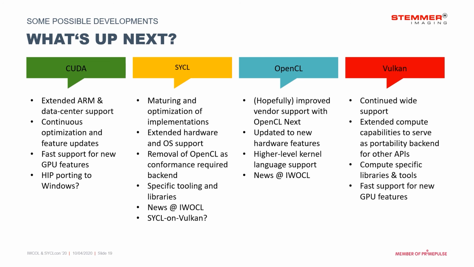I also expect at some point to see some more compute-specific tooling and libraries. Also, Vulkan will be one of the fastest APIs of those to catch up with new GPU features.